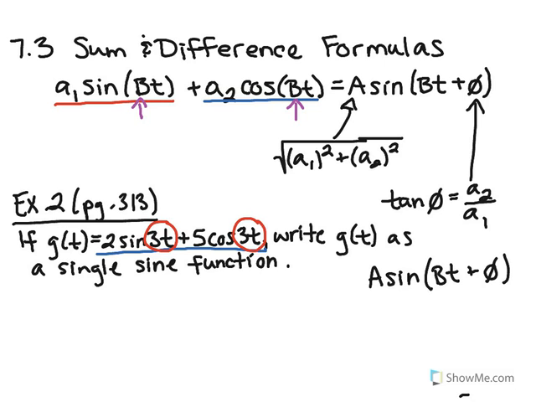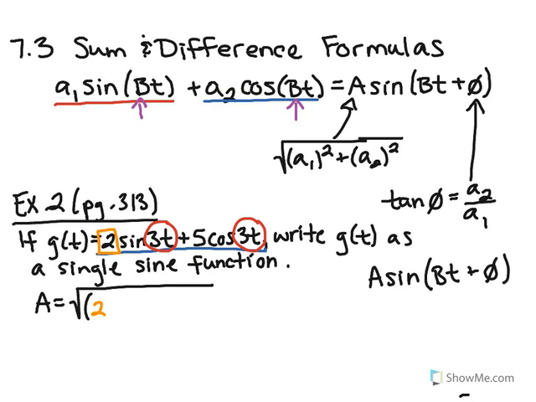So in order to find capital A, I have to do this square root business. So I'm going to start setting that up. Capital A is equal to the square root. A1 is the coefficient of my first part, which would be 2, and I'm going to highlight that in orange.